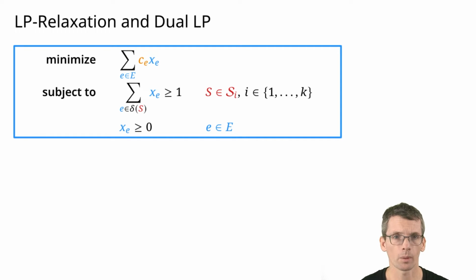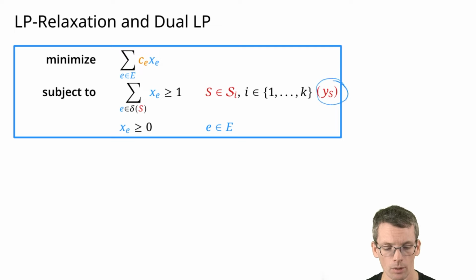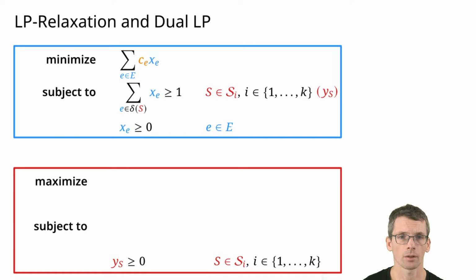In the dual, instead of minimize, we're going to maximize. For every primal constraint, so here we have a constraint, we will have a dual variable. So this variable y_S, meaning that for every such set, we will have a variable y_S. So that's our setting so far. Now, what is the function that we need to maximize?